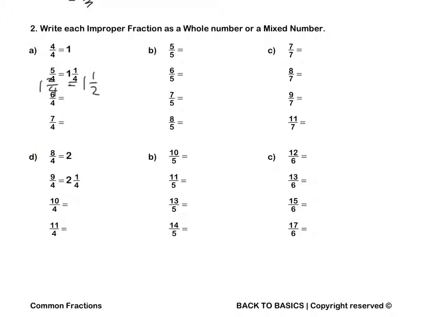Let's look at D. 8/4 is 2, therefore 9/4 is 2 1/4. 10/4, 10 divided by 4 is 2, remainder 2/4, which in simplest form is 2.5. Pause this video to complete question 2 by yourself.